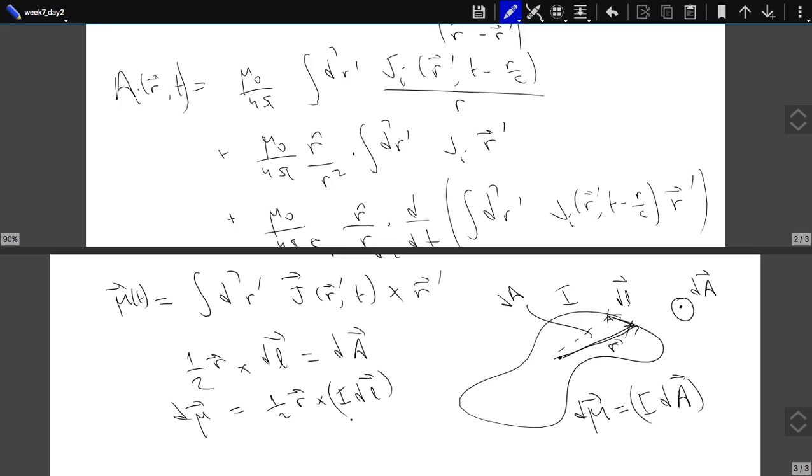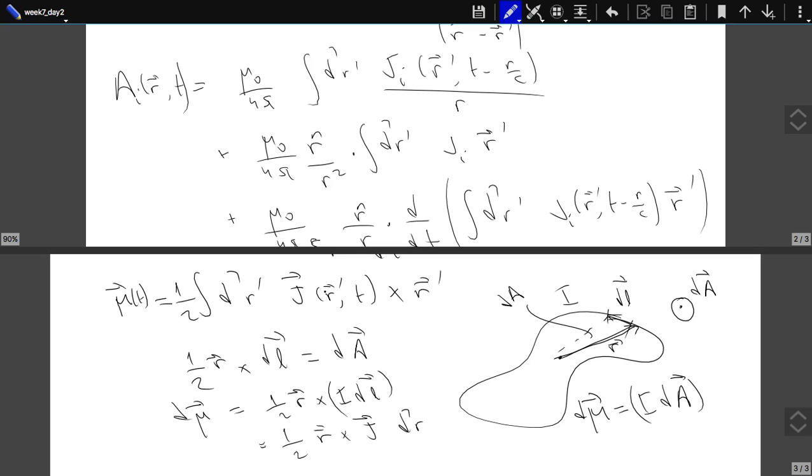Or if I convert it to a volume charge density, this will be 1 over 2 R cross J d cubed R, because dL is in the direction of J. So here I have a factor of 1 over 2.